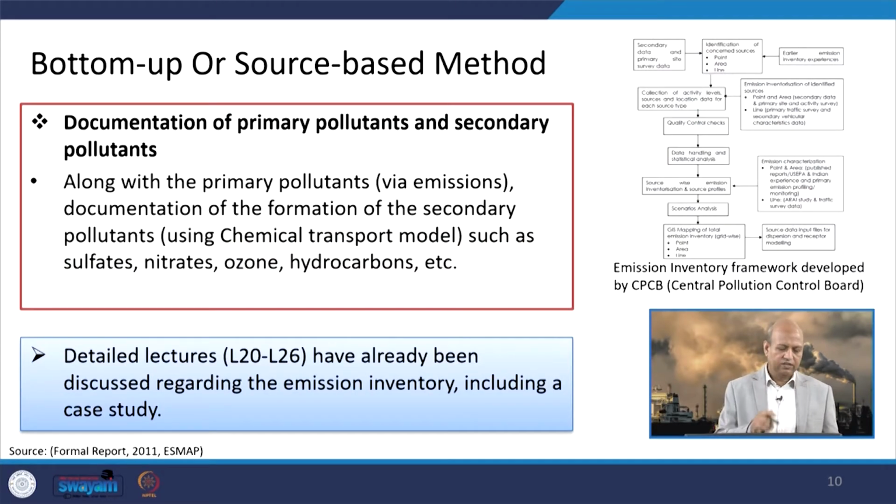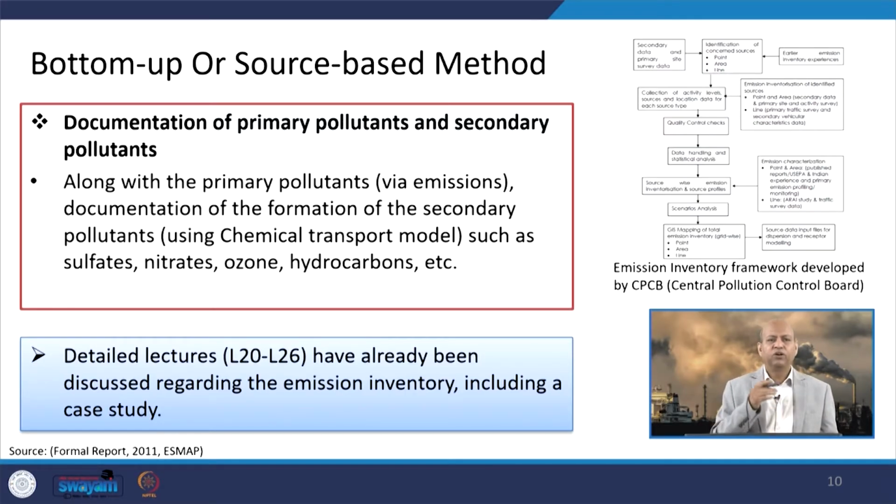In the same process we have to document the primary pollutants and secondary pollutants, and a chemical transport model like WRF-Chem or some other models can be used for looking into these secondary pollutants, right.